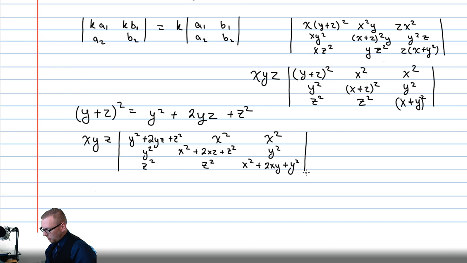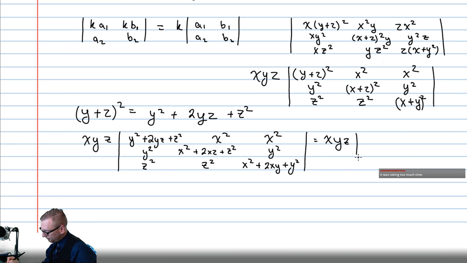And then just do row operations, right? Subtract row 2 from row 1 and row 3 from row 1. I think that would work. So let's try it. No harm in trying.